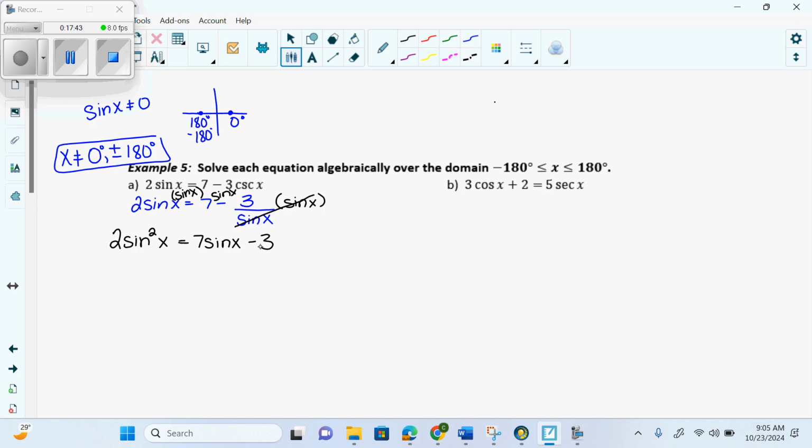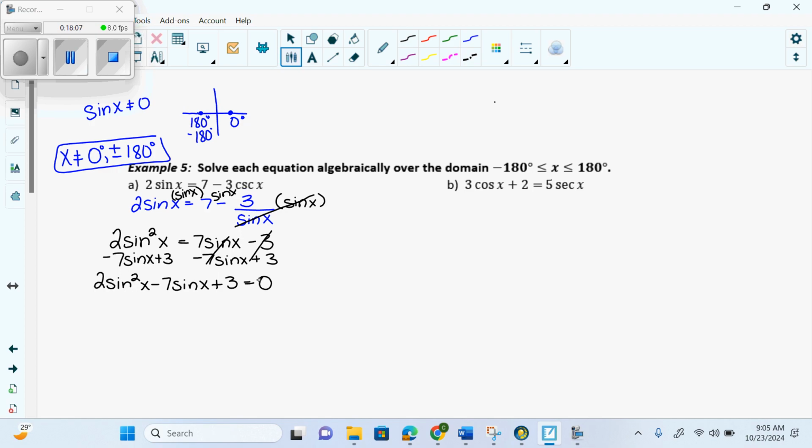Equal to 0. Yeah, move everything to one side, set equal to 0. So I'm going to subtract the 7 sine x and add 3. So I'm going to get 2 sine squared x minus 7 sine x plus 3 equals 0.